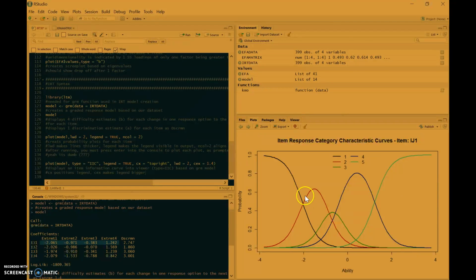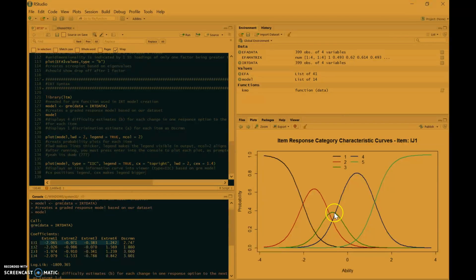The next spot we're going to find is at our second value here, negative 0.97, which we see right here, where the 2 and 3 intersect. That's when they become more likely to respond with 3.